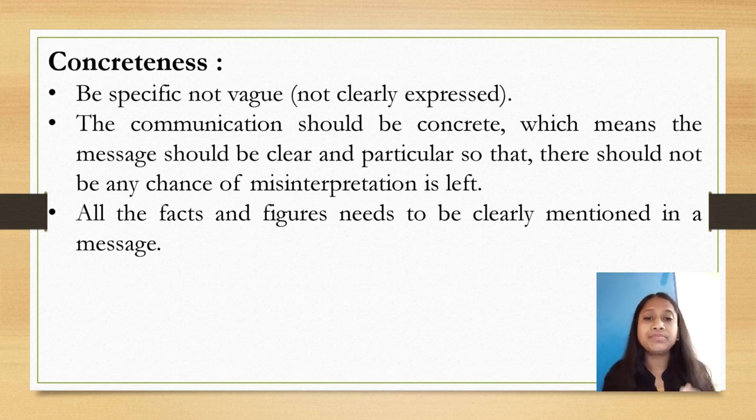For example, a girl is wearing a ring and a second girl comes to her. The second girl asks, what is the value of the ring for yourself? And the girl understood that she might be asking the monetary value of the ring. So she answers that this ring cost 10,000. This was not the answer expected by the other girl.